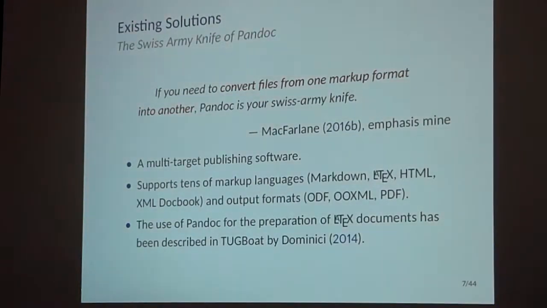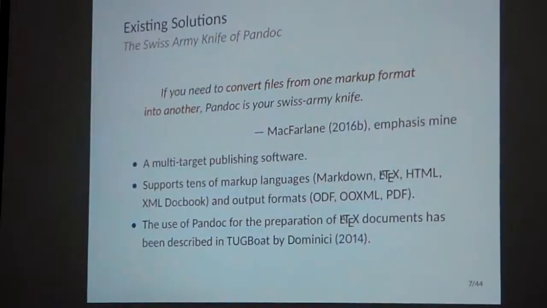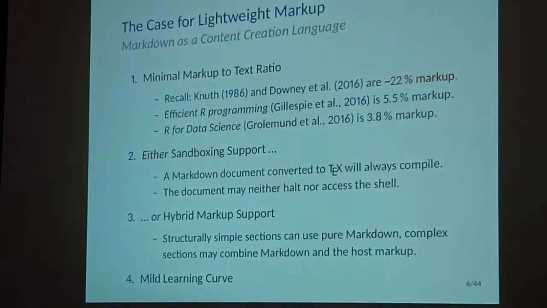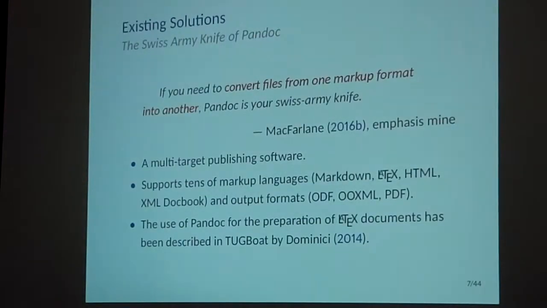Each markup language, such as Markdown, LaTeX, HTML, or XML DocBook, has a converter which converts from and to the abstract syntax tree, and this intermediary format is used to make it easy to convert from anything to anything.